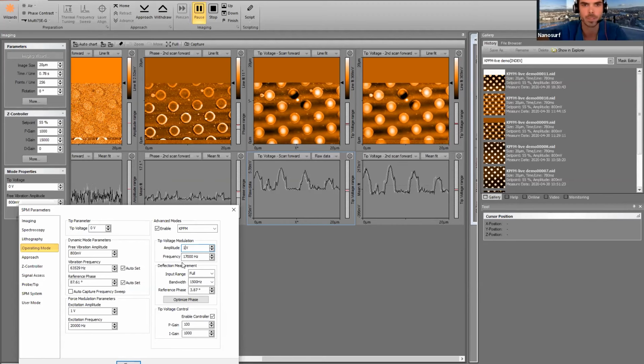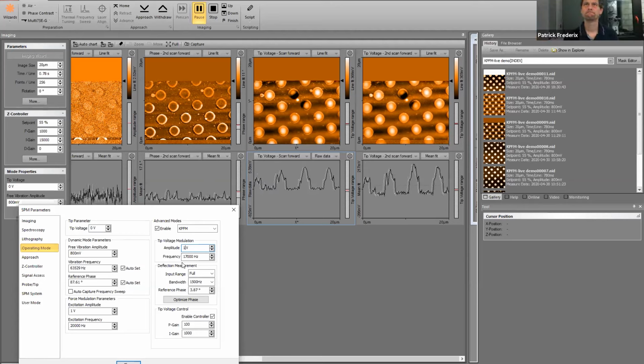Okay. The next question is, can you run your system in a way that it will apply increasing sample bias, for example, -1 volt to +1 volt, while it is live scanning to see how the surface potential changes? No, that is not directly possible. So you can do voltage spectroscopy.